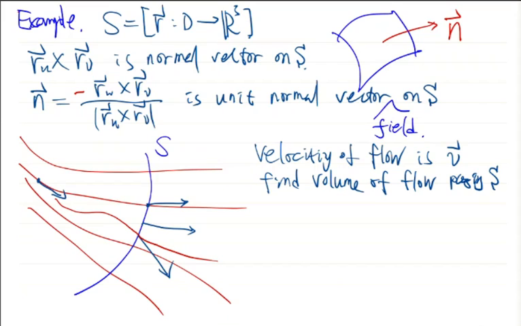The idea to solve this problem is to take a point X in S. Suppose this is the point on S, denoted by X. Then we take a surface element d sigma about this point.